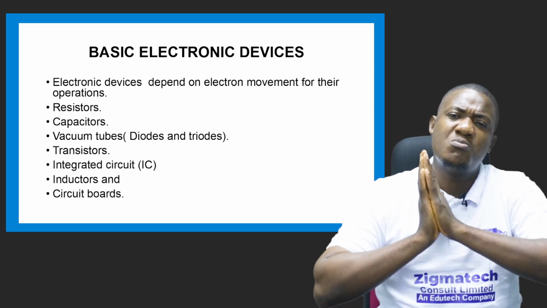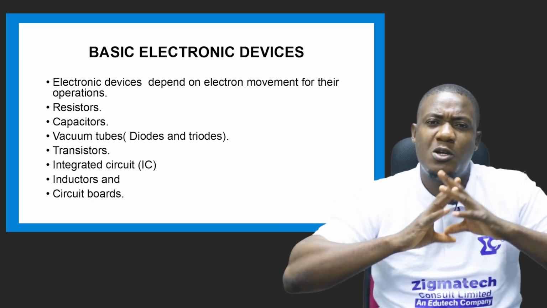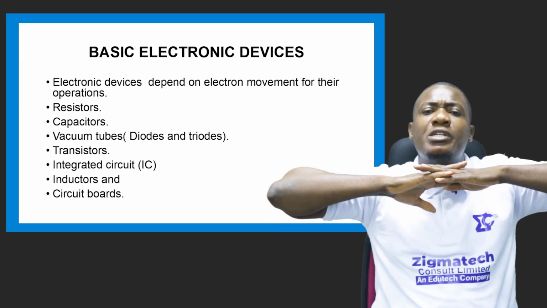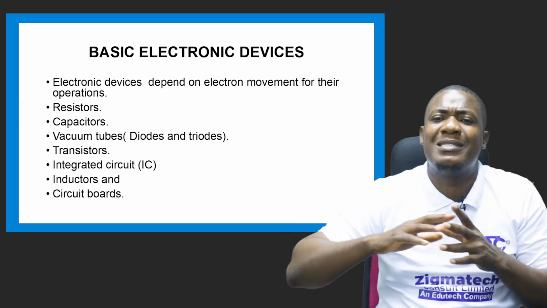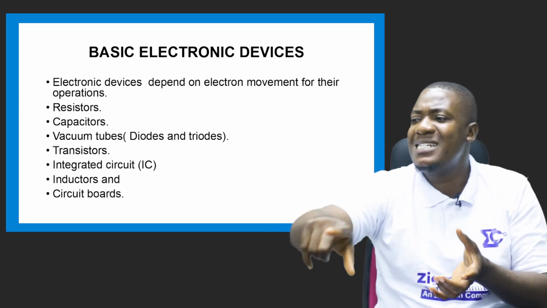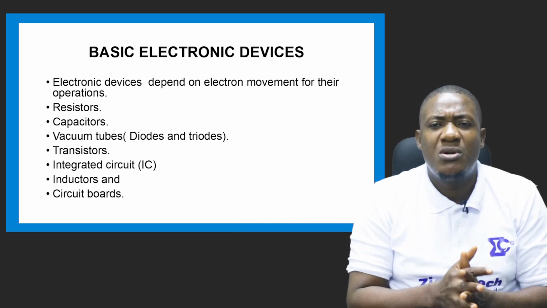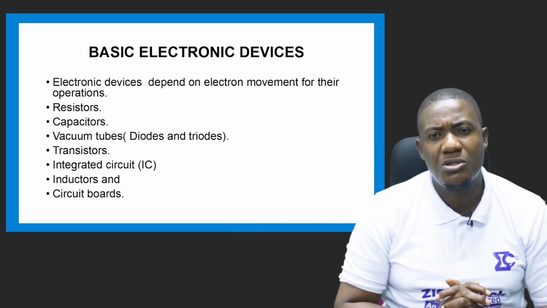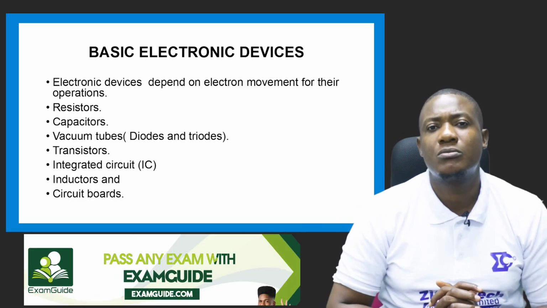If electrons are not in motion, they will not operate. So they operate basically on electron emission and the movement of this electron that is emitted within a certain path in the circuit, or what we say, on the board.